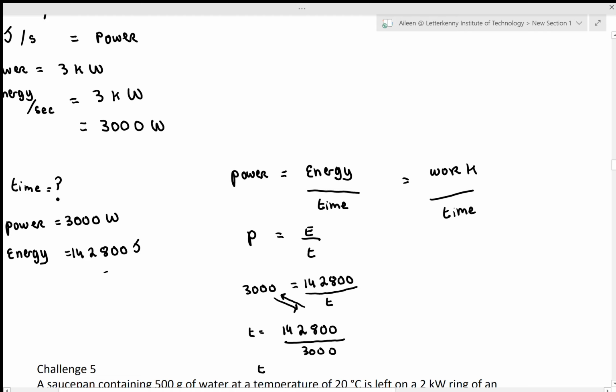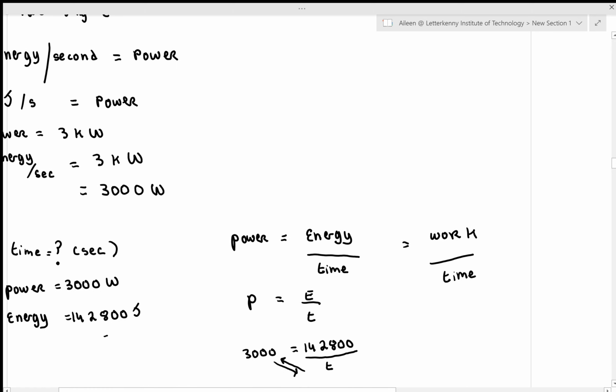And then substituting this into my calculator, I get my time as 47.6 seconds. So remember, your power is your energy per second, so your time is here in seconds. Okay, so your time is in seconds. So your final answer is 47.6 seconds. Okay, let's continue on.